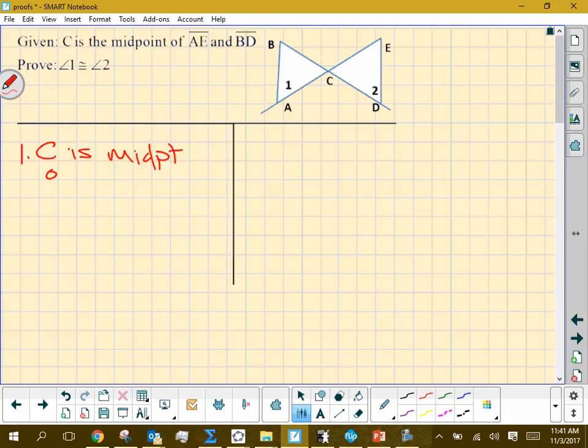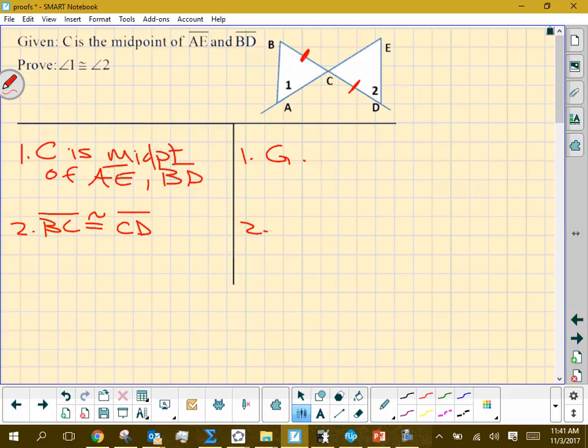All right, so our given is C is the midpoint of AE and BD. So that's given. Now, that means we're saying that that segment and that segment are congruent. C is the midpoint of BD, so we can say BC is congruent to CE.